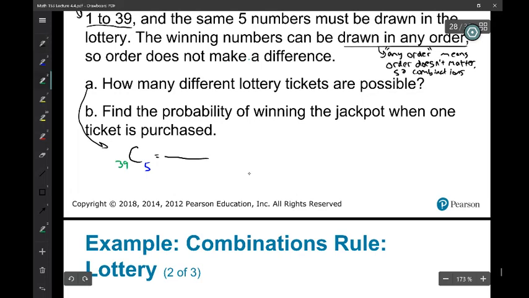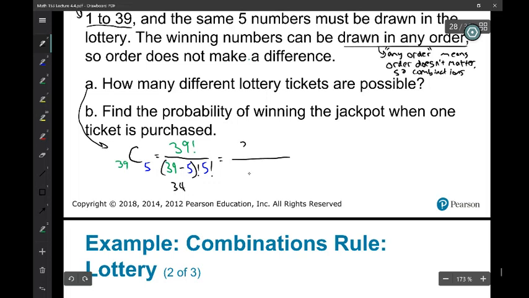So that's equal to 39 factorial, excuse me, over 39 minus 5 factorial times 5 factorial. 39 minus 5 is 34.